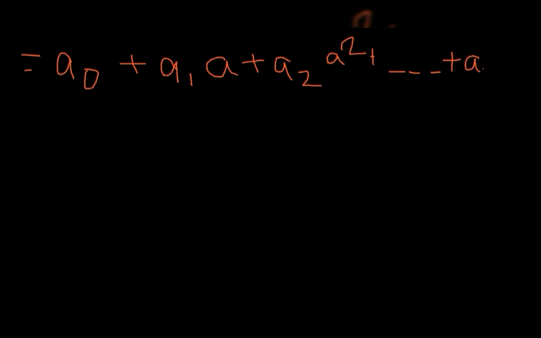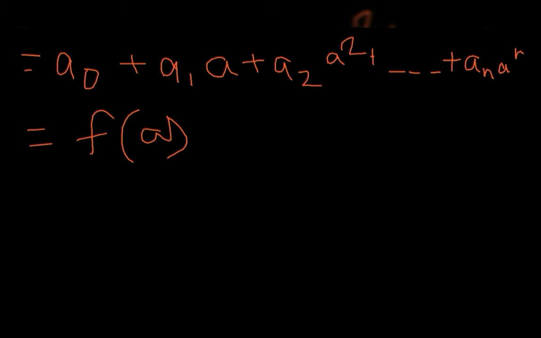Then obviously a n, and limit of x to the power n as x tends to a, this we just learned, is a to the power n. So I'll erase this part now. So this thing is nothing but my function of a.